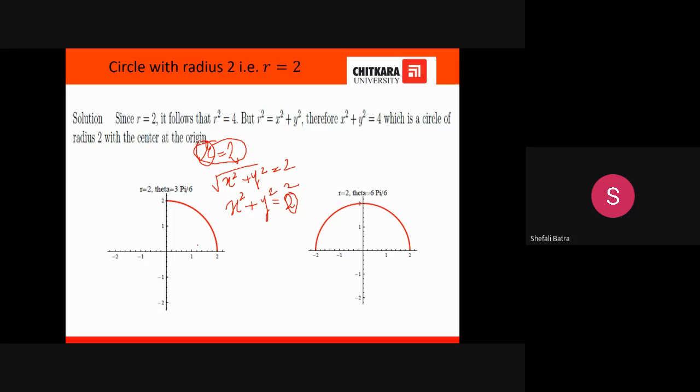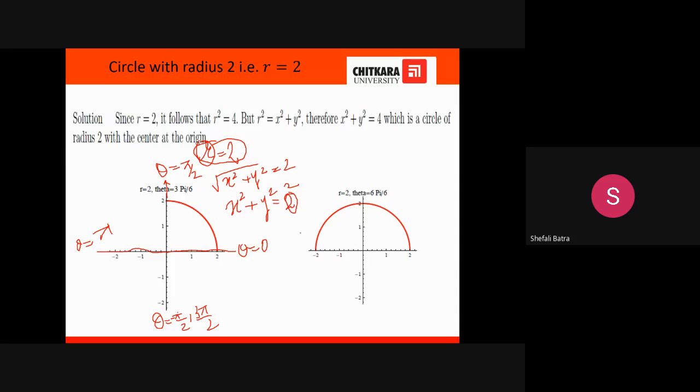And if you want only this part of the circle, you need radius as well as theta. See, this is the line of theta is equal to 0. This is the line of theta is equal to pi by 2. This is the line of theta is equal to pi. And this line you can write as minus pi by 2 or 3 pi by 2.